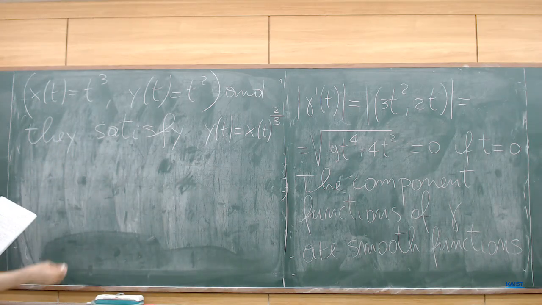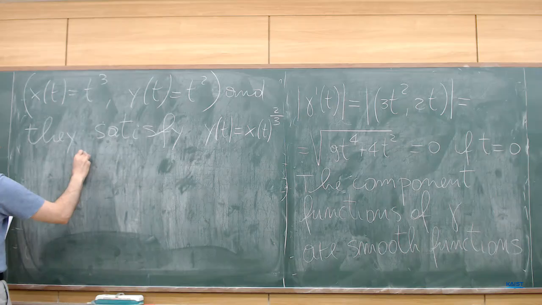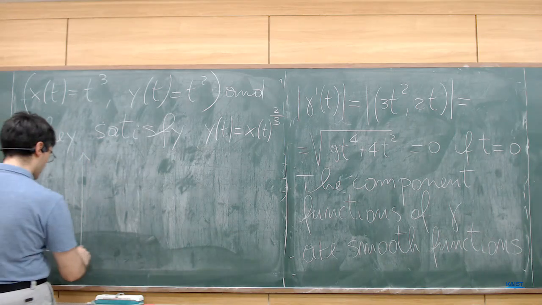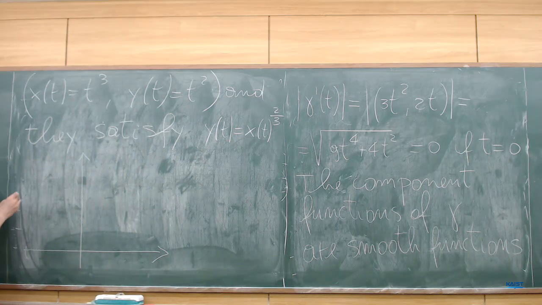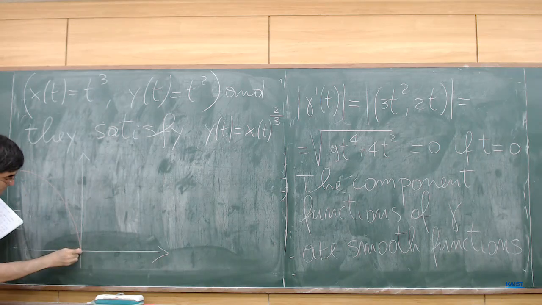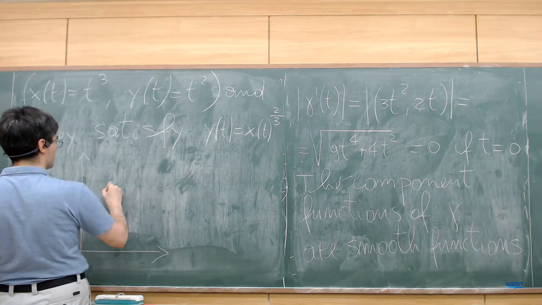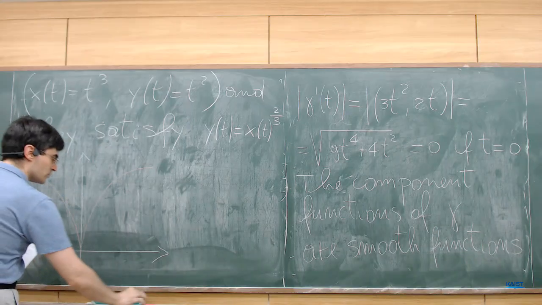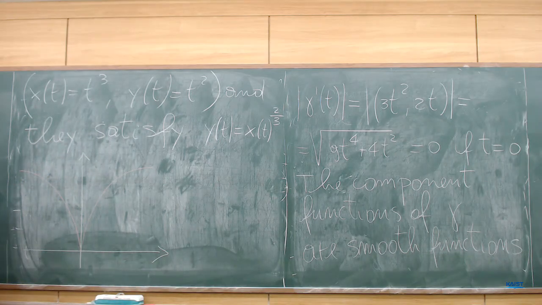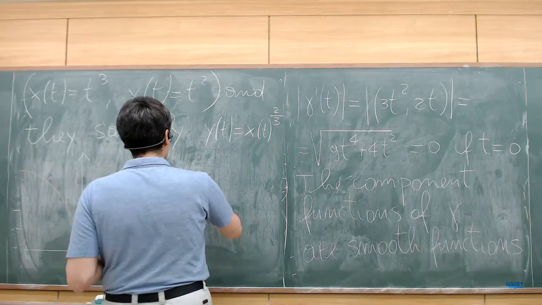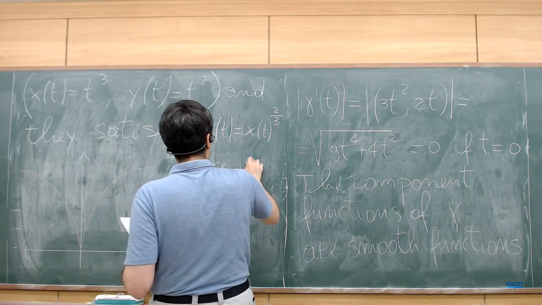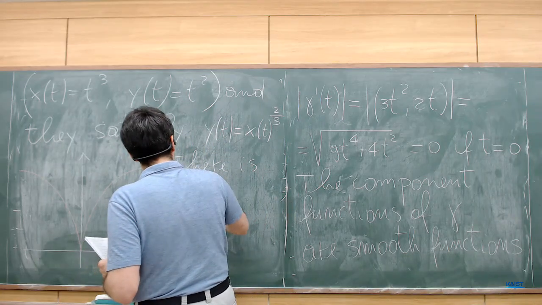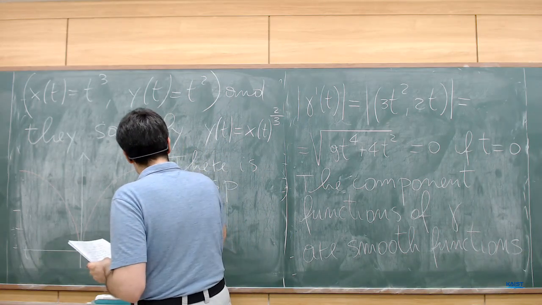So this means that the curve describes the motion of an object moving along this trajectory. This trajectory is a cusp at the origin.